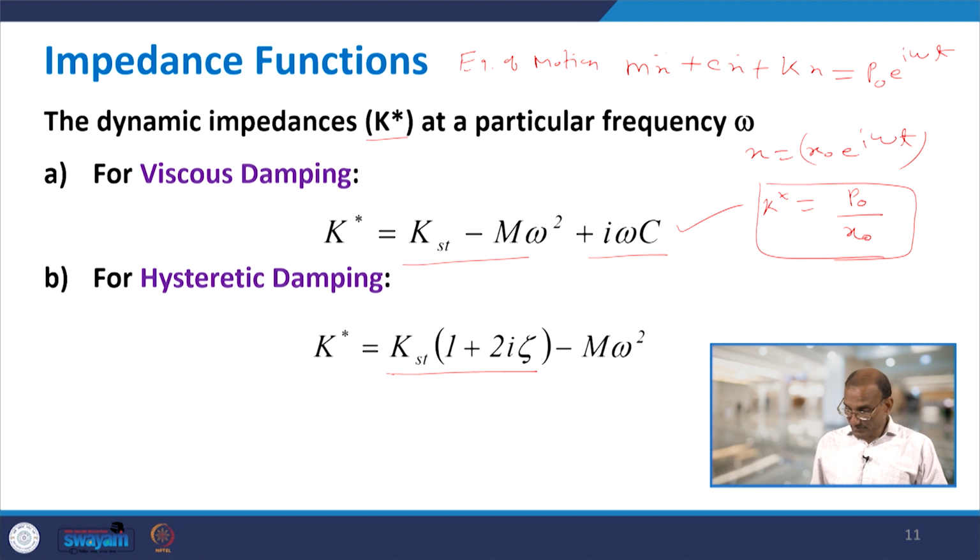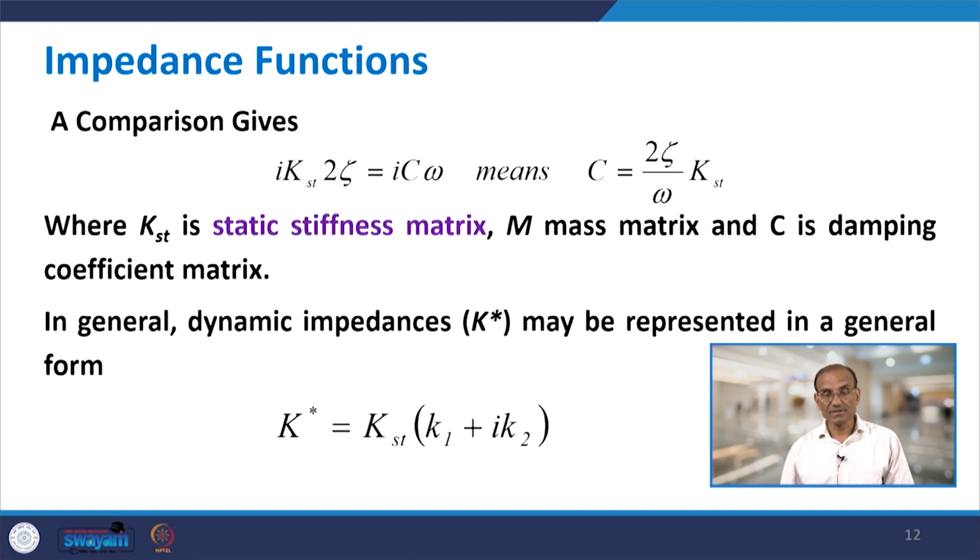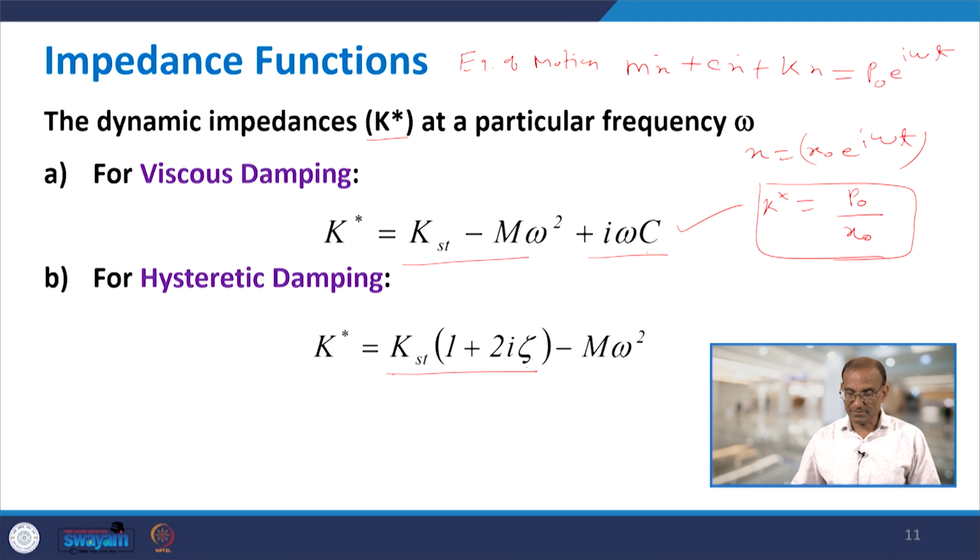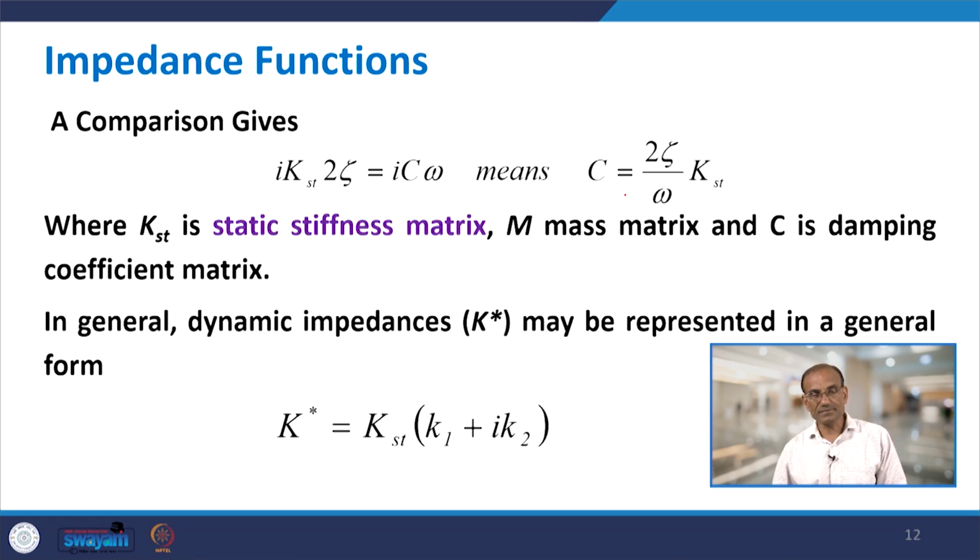Comparing both the equations, you can find out the relation between C and zeta. Here C is the damping coefficient, while zeta is the damping ratio, the hysteretic damping ratio. If you compare these two terms, because other terms are the same, you need to compare this term with this term here, and this comparison gives you i k st. So, C is equal to 2 zeta kst over omega.